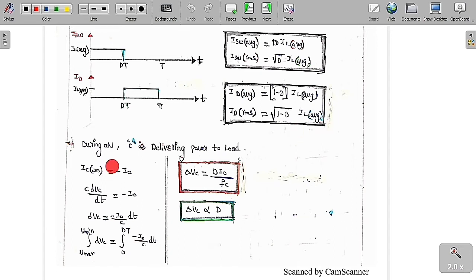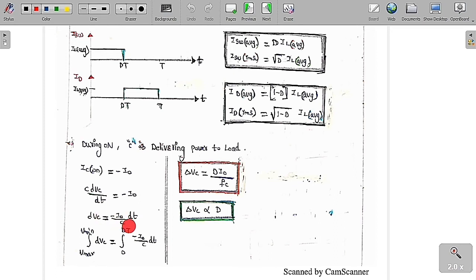So during the on position, whenever the switch is on, the freewheeling diode is off. So therefore the capacitor is going to deliver its energy to the resistor. So its voltage is going to get decreased. So during on, C is delivering power to the load. So therefore its voltage is going to get decreased from maximum to minimum. So in that condition, the IC on is equal to minus I naught. IC on is nothing but C into dVc by dt is equal to minus I naught.